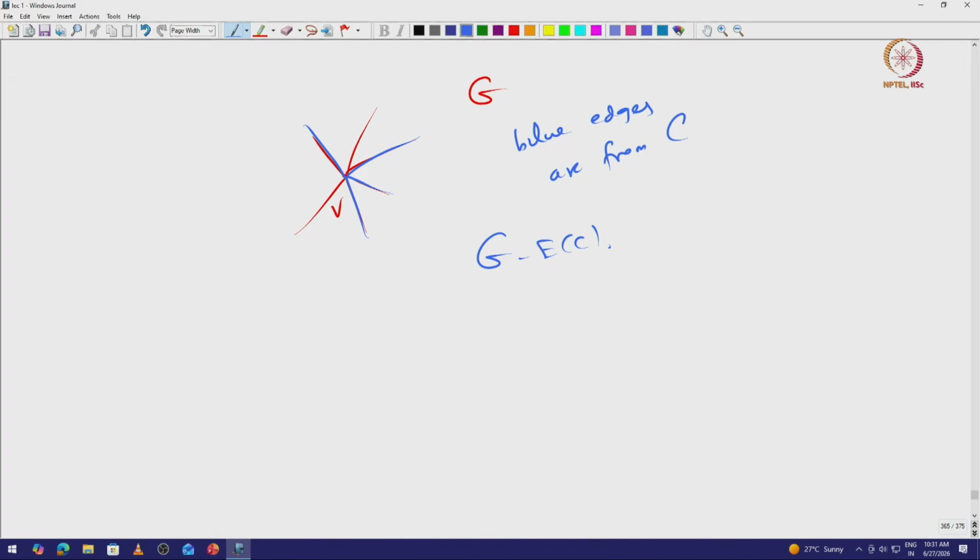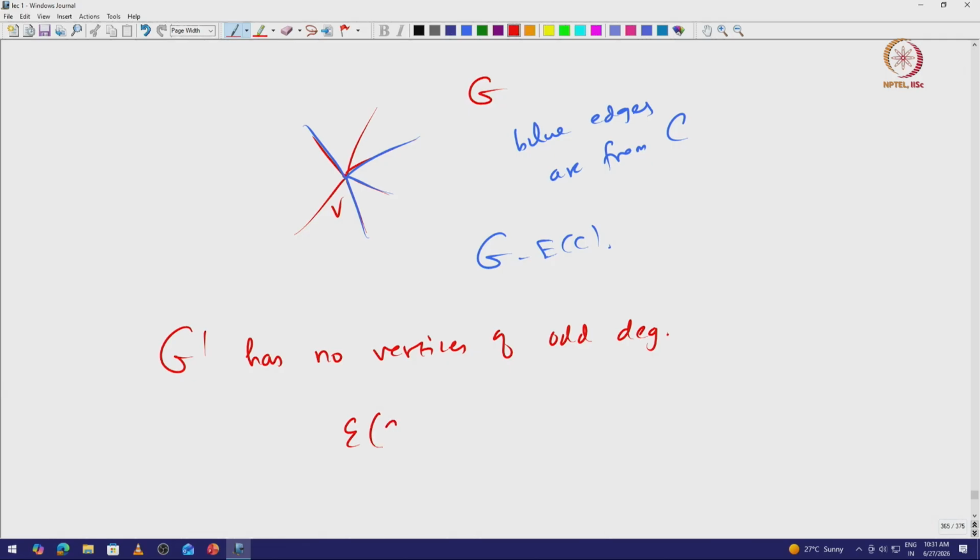So, in particular we have that G dash has no vertices of odd degree. Now, note that G minus E of C is obtained from G by deleting some edges.